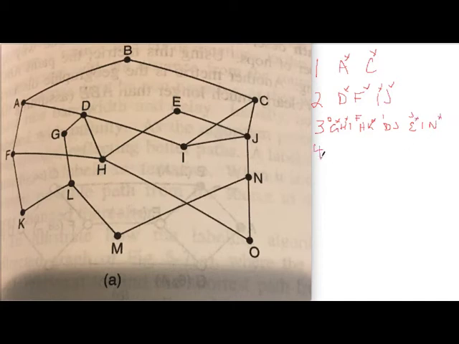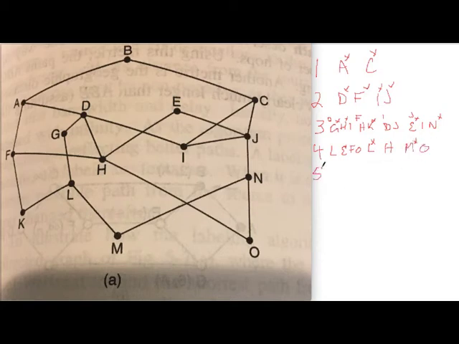In round four, G sends to L. H to E, F, O. K to L, which is on the sync tree. E to H. And N to M and O. It was on the sync tree.